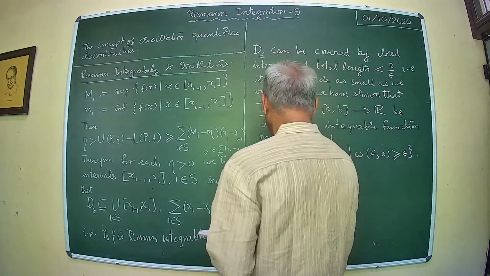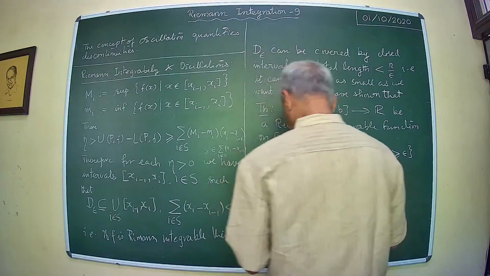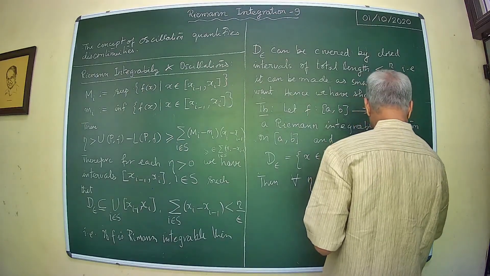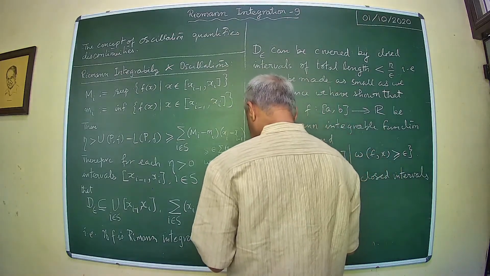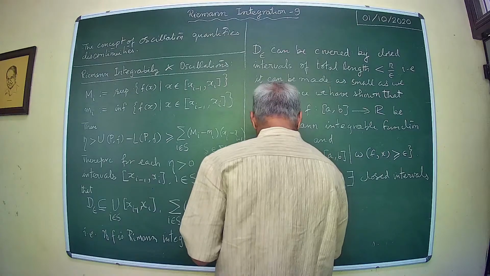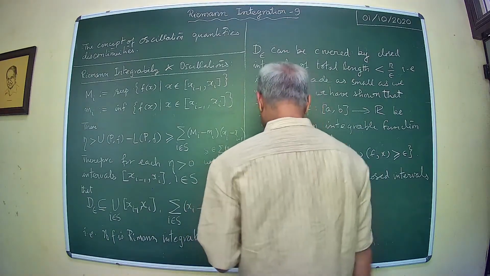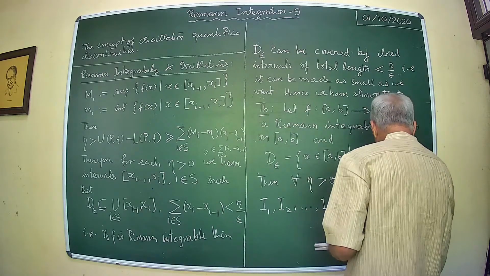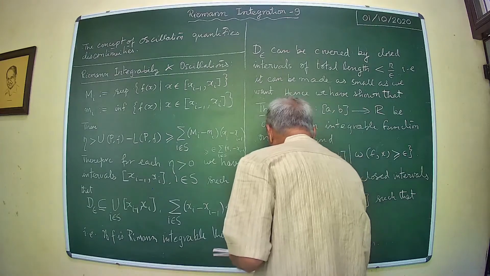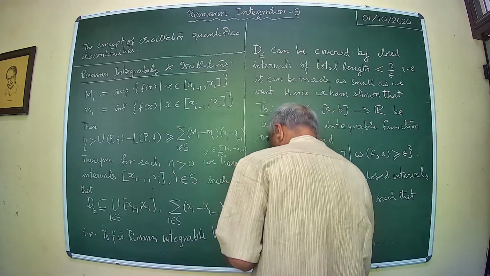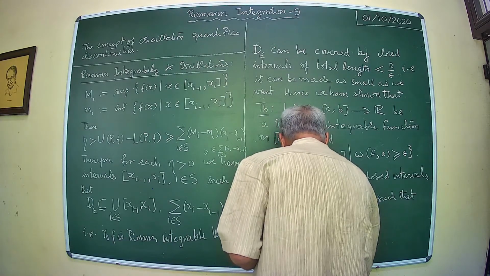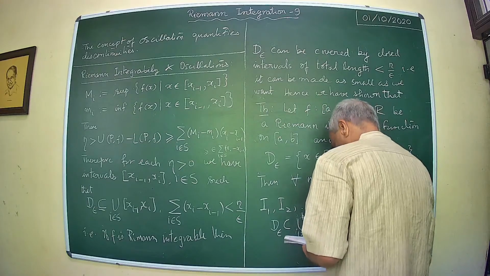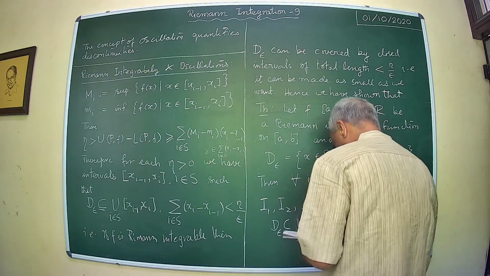Then for every beta positive there exist closed intervals I_1, I_2, ..., I_k, rename them actually, contained in [a, b], such that D epsilon is contained in the union of I_j, j running from 1 to k, and the sum of their lengths, j equal to 1 to k, is less than beta.